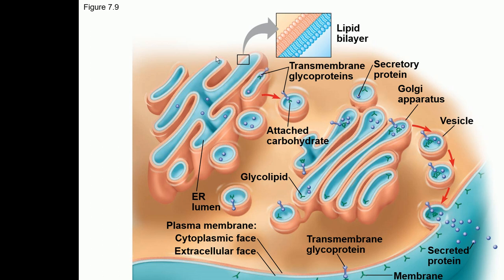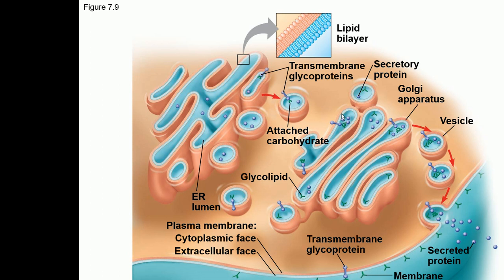So you can see this is the vesicle which is formed, and this is the glycoprotein, and these vesicles move towards the Golgi and get fused with the Golgi and they further get modified here. So this is the Golgi apparatus, and this is the glycoprotein, and this is the glycolipid.